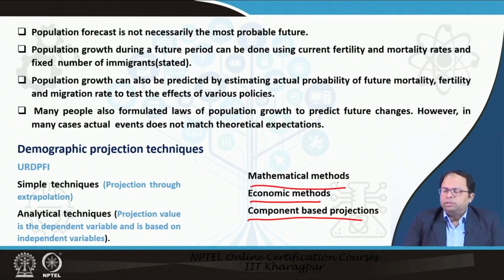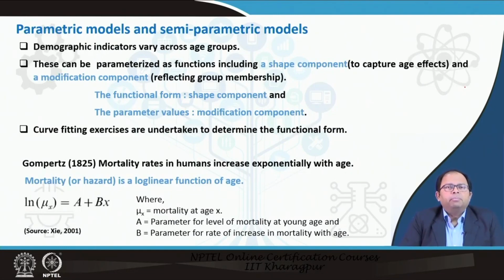But before we go into projecting population, there are many other parameters like mortality and fertility which also need to be projected, and for that we can develop parametric models or semi-parametric models. As we know, demographic indicators vary across different age groups, so this could be determined using these parametric models, showing how an indicator like mortality or fertility varies between the different age groups.